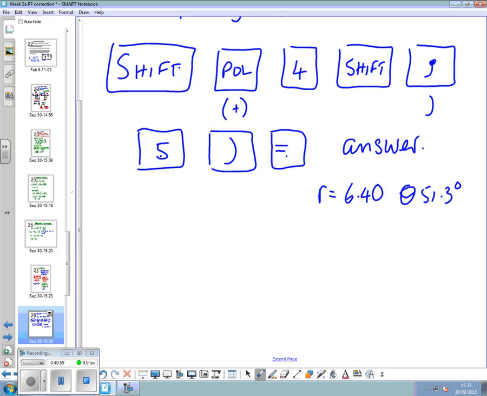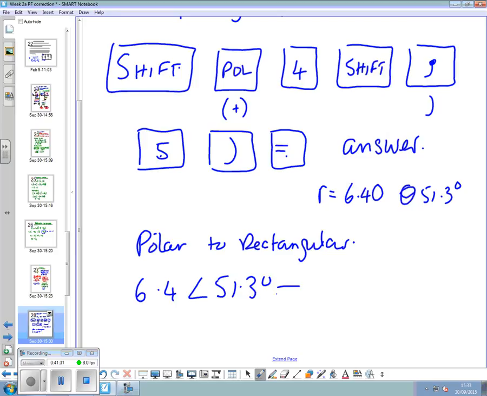And then the other way, polar to rectangular. Let's convert this one back: 6.4 angle 51.3 degrees.